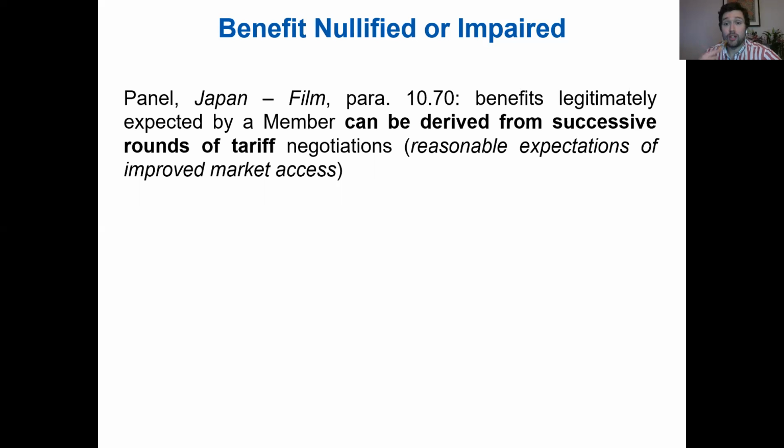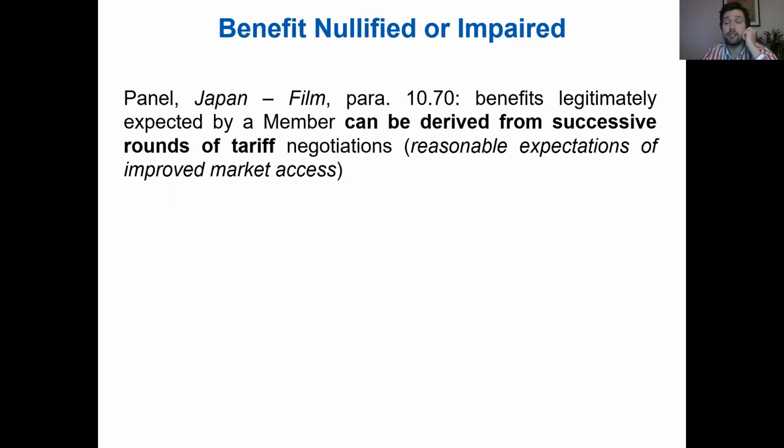The panel in one of the actual non-violation complaints, Japan Film, tried to explain what sort of benefits are meant. And clearly, one of the examples are those benefits which were legitimately expected by a member from successive rounds of tariff negotiations, reasonable expectations of improved market access.